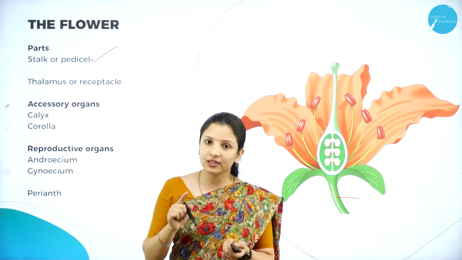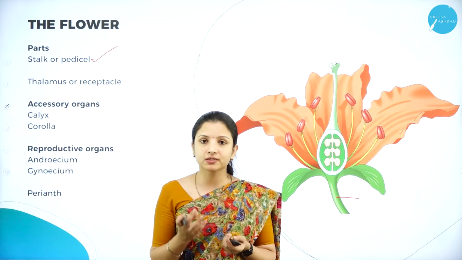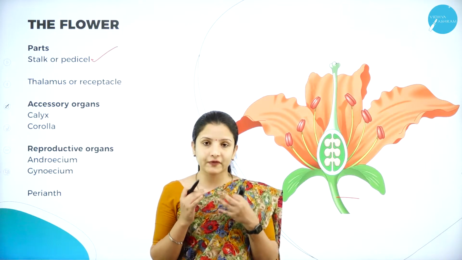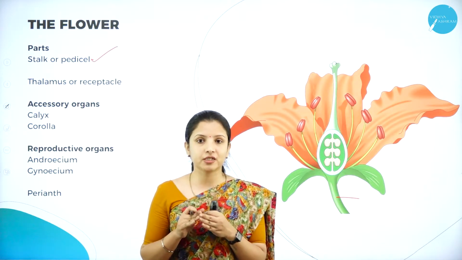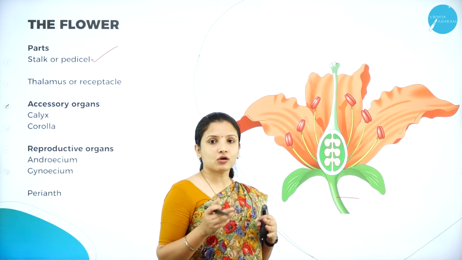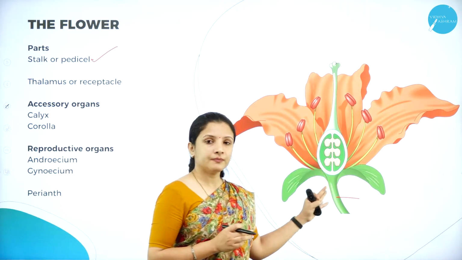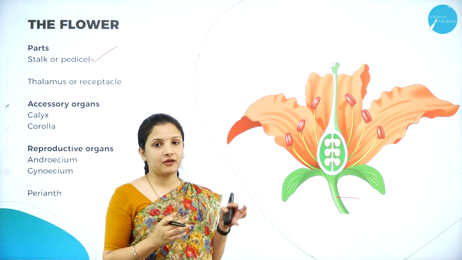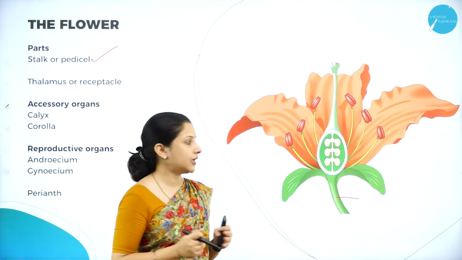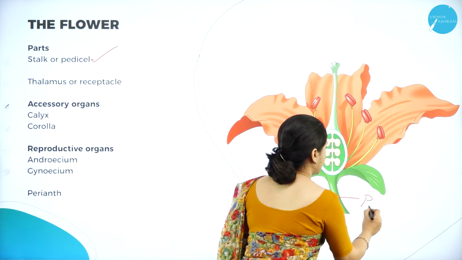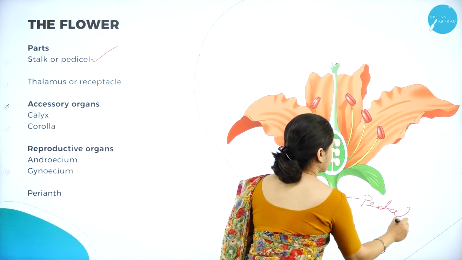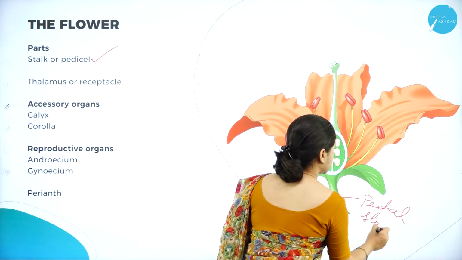Remember, like how leaves had a petiole, which holds the leaf to the branch, which fixes the leaf to the branch. The stalk of the leaf is nothing but the petiole. Just like that, in a flower, the pedicel actually holds the flower to the main branch of the plant. So it is called the pedicel or the stalk of the flower.